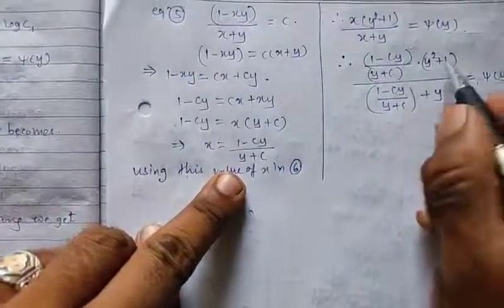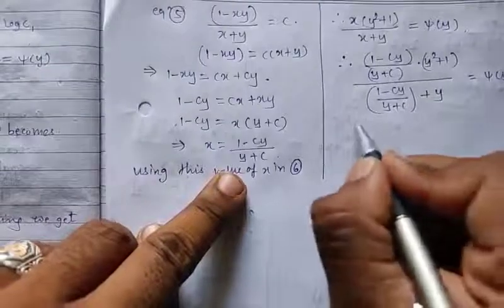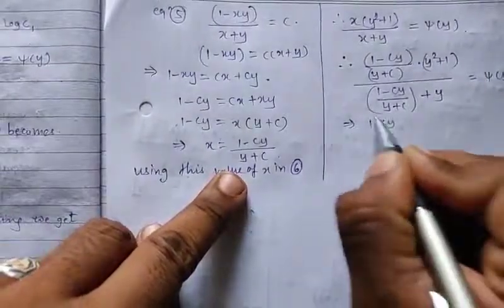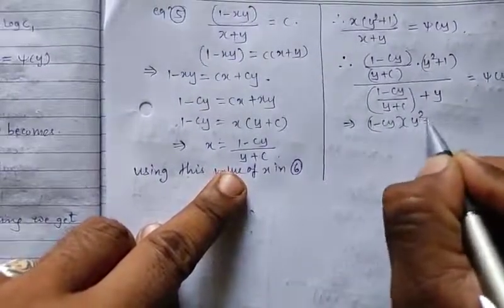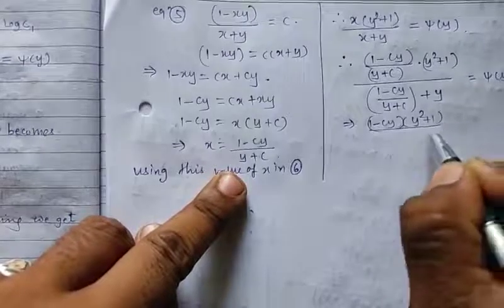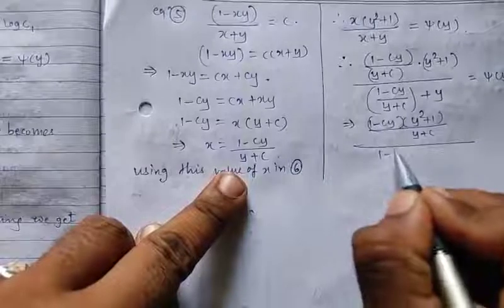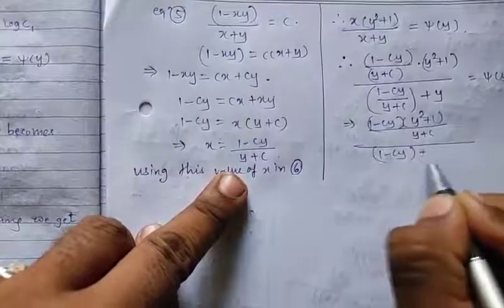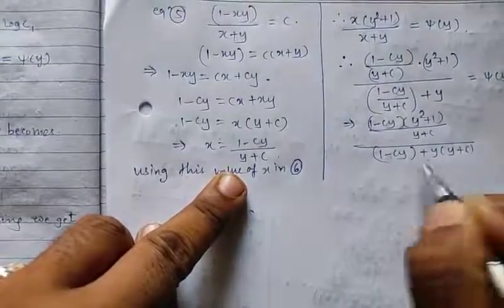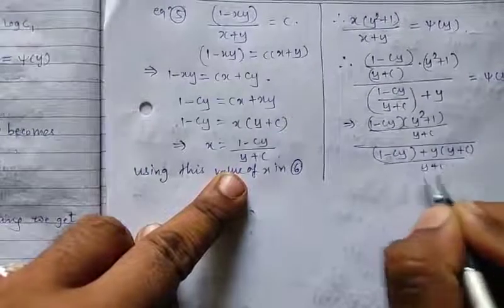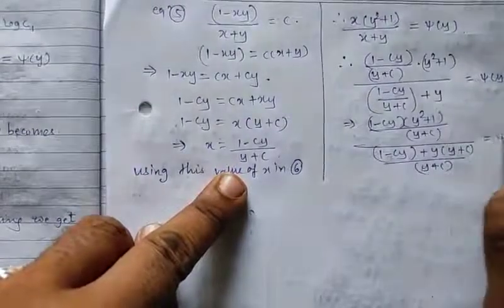Cross multiplying, we get (1 - cy)(y² + 1)(y + c) divided by [(1 - cy) + y(y + c)](y + c), which is equal to psi of y.